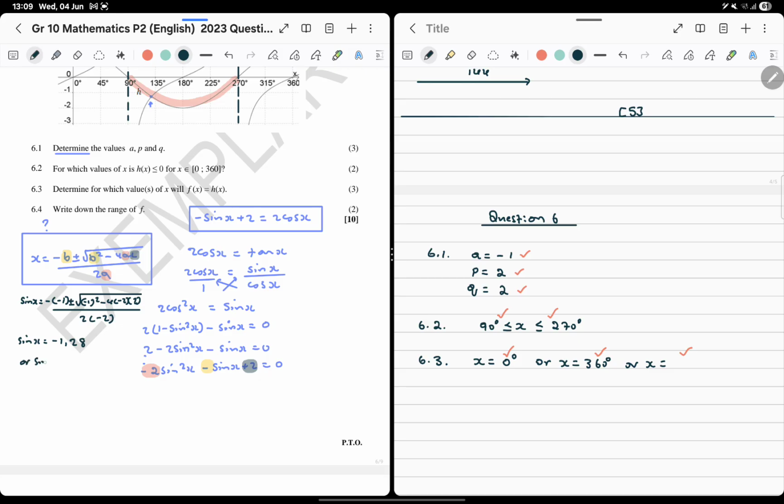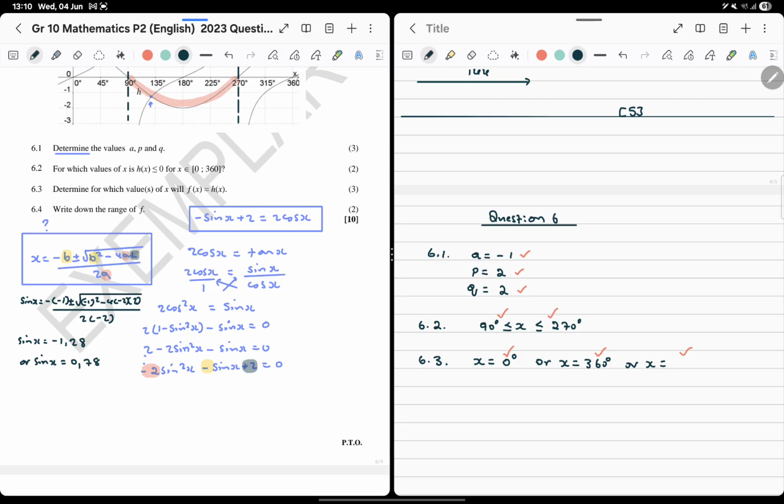Or sine x is going to be, let's change the sign there, so this is 0.78. Okay, this is sine x.